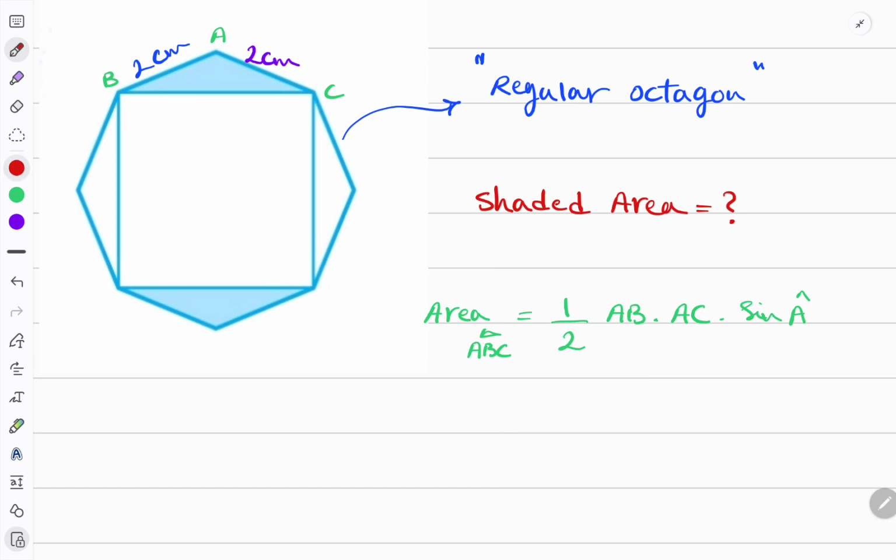But we have a challenge here because we don't know the sine of A. In fact, we don't know the angle size of A, and after that finding the sine of it.